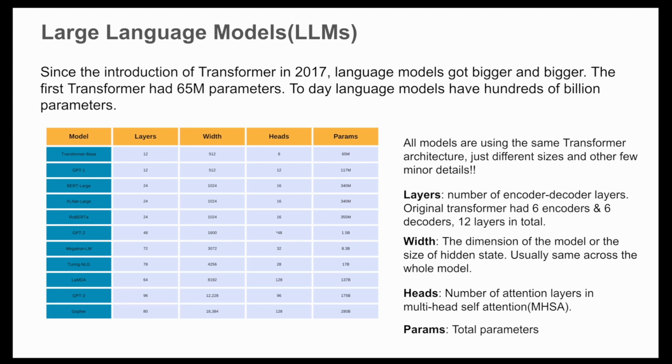But then Gopher, which is from DeepMind, increased on GPT-3 a little bit. They said, hey, we are still here, we can add 100 billion parameters to this thing, and they designed Gopher, which had 280 billion parameters.